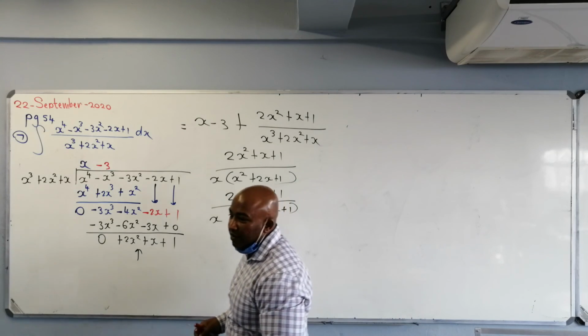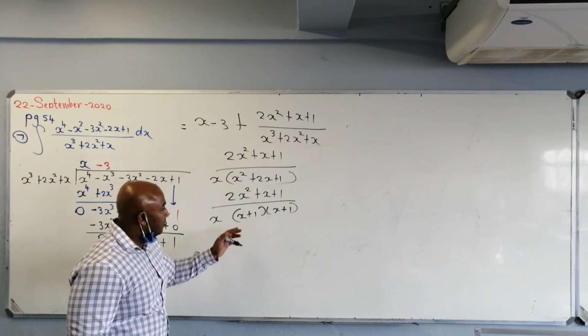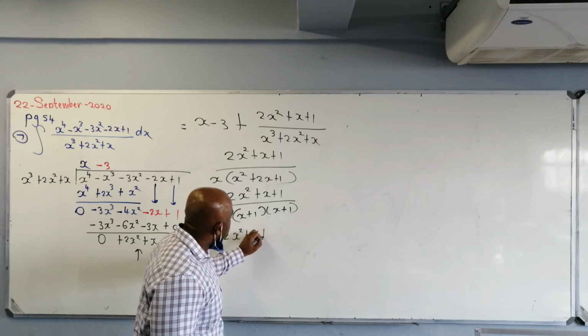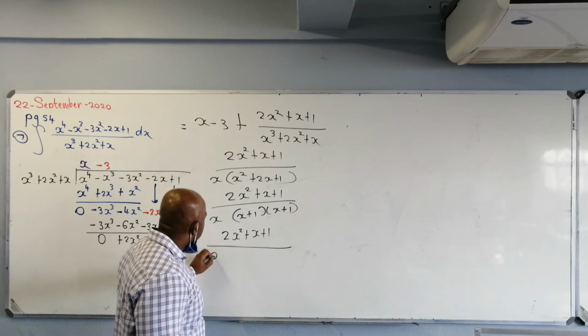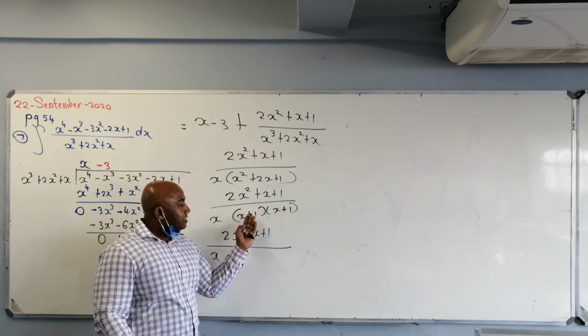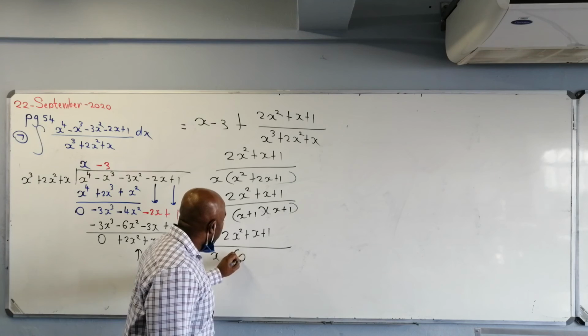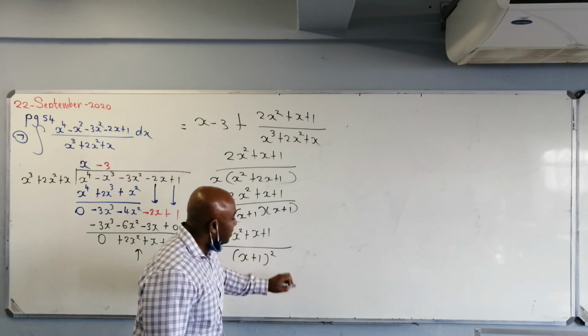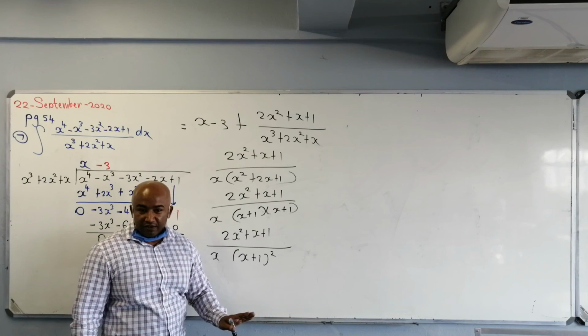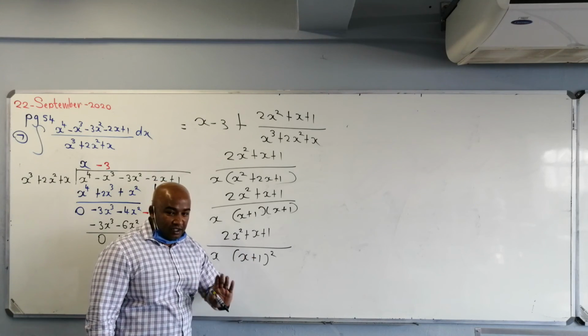No, it's not. Be careful. You need to write it down like this: x squared plus 2x plus 1 all over x. These are repeated bases. You do not leave them. x plus 1 times x plus 1 will be the same as x plus 1 all squared. If you left it like this, it's wrong. You must factorize fully.